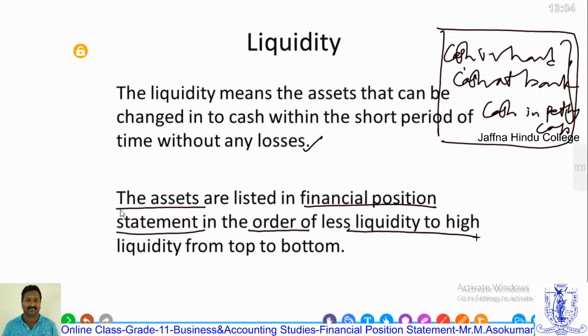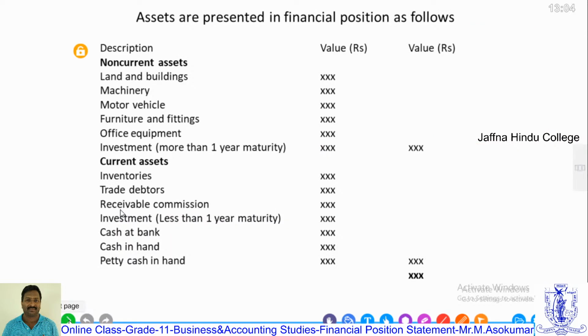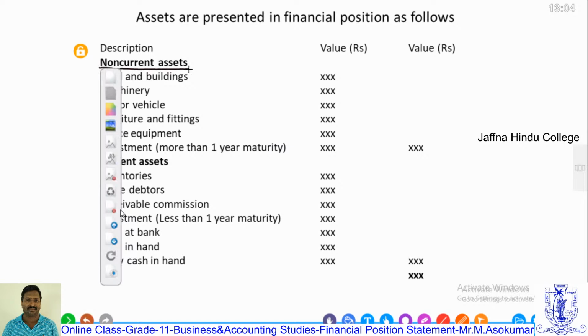For example, in the financial statement, you can see that the assets are categorized under two headings: non-current assets and current assets.